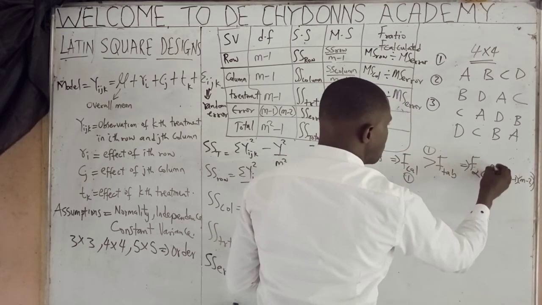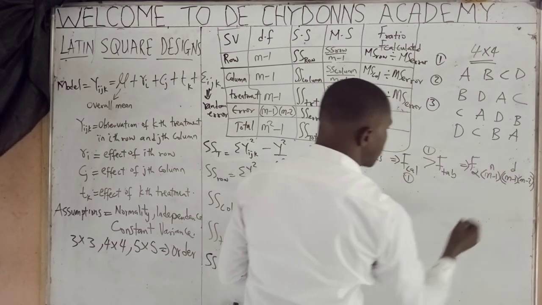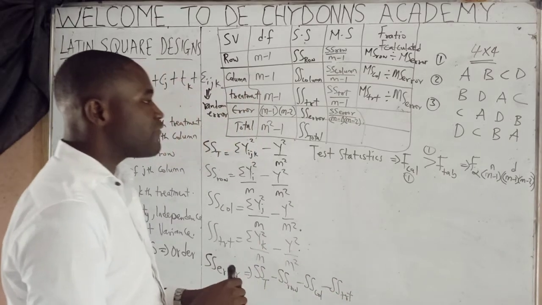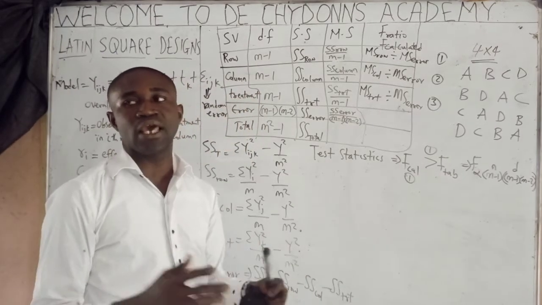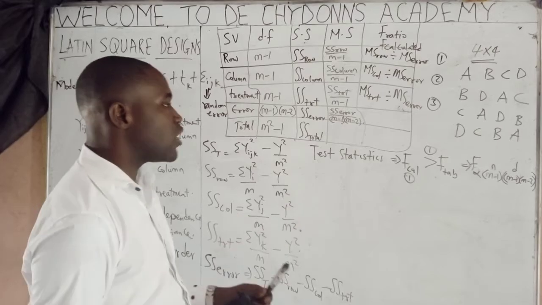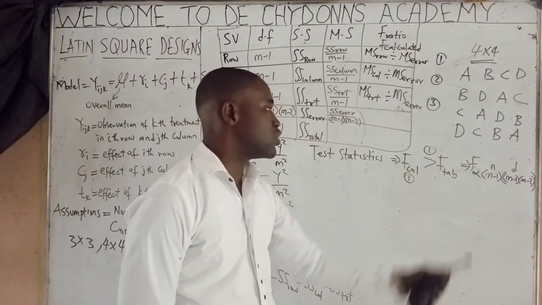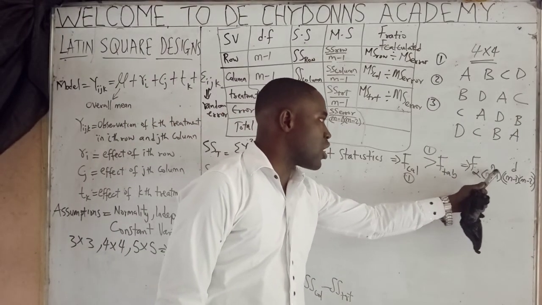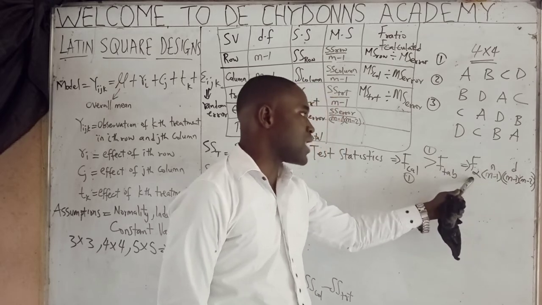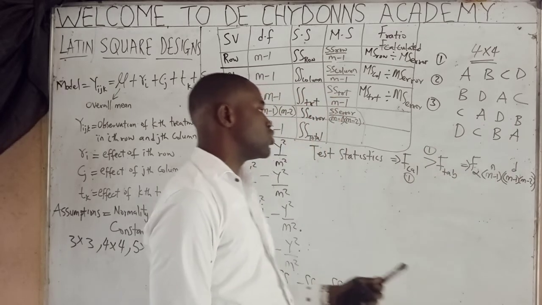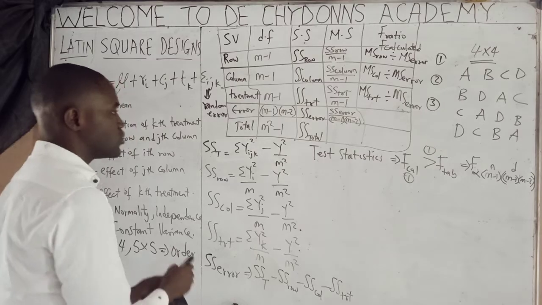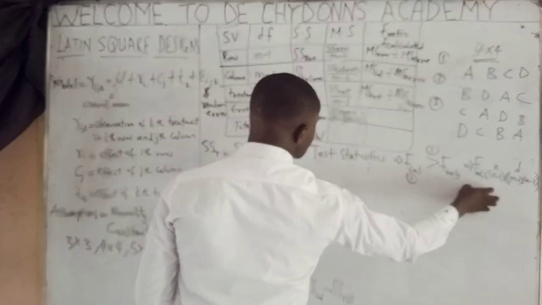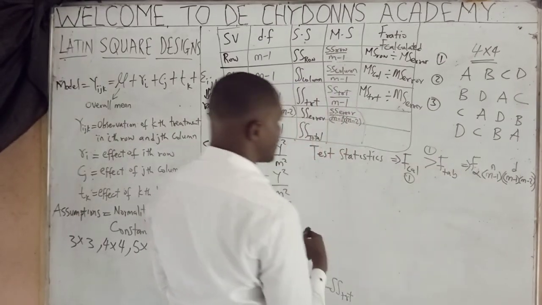So this will be your numerator and this will be your denominator. You use your F table. Your F table is in your 4-figure table. You use your F table and get it out. Check numerator against denominator under alpha given to you or level of significance given to you. When we go into question solving, you will understand what we mean by this.